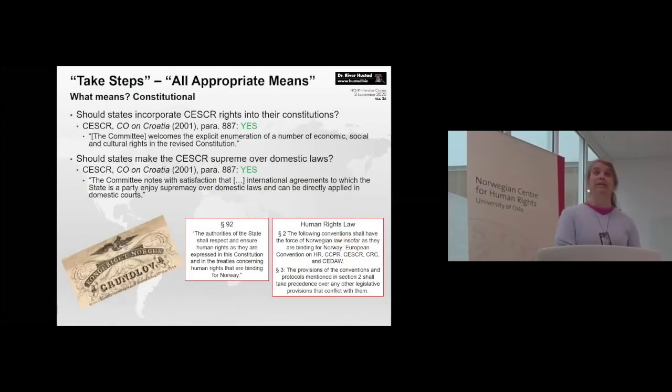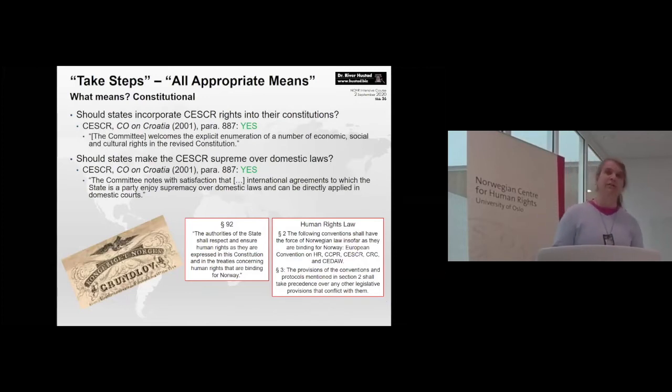The committee has pointed out a few of these. It has said that states should implement economic, social, cultural rights into constitutions, and that they should actually change the laws so that international rights, economic, social, and cultural rights, but all rights, actually take precedence over any domestic laws.